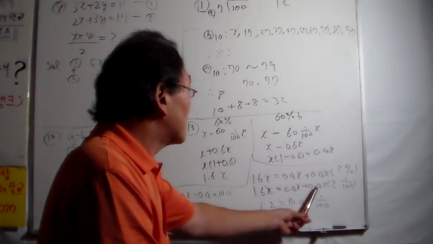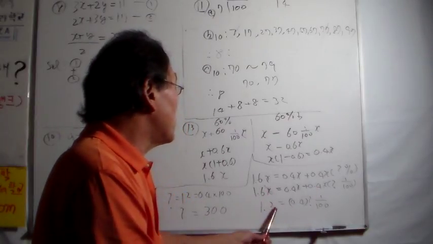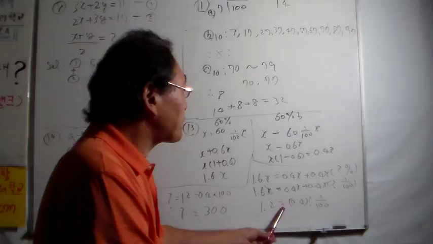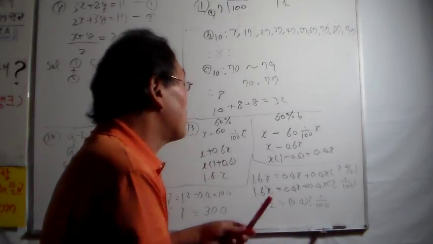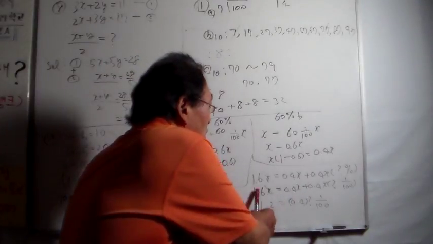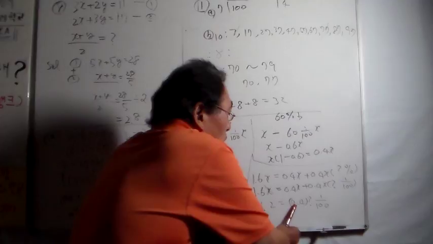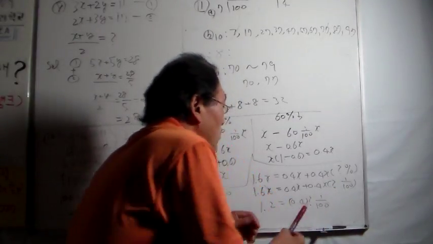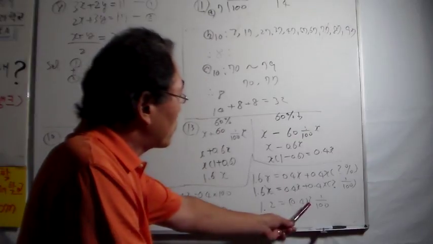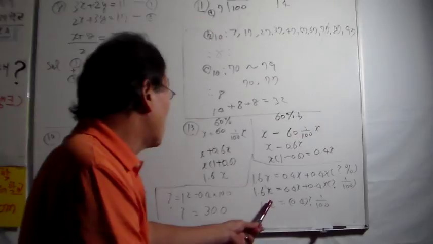So 1.6, and this is going to be 0.4, so we move it over here. 1.2 equals... Oh, no, I'm sorry. This cancels out, I'm going to move it over here. This is 1.2, so this part is 0.4 times the question times 1 over 100. We're looking for the question only, so we have to get rid of this and move it over there.